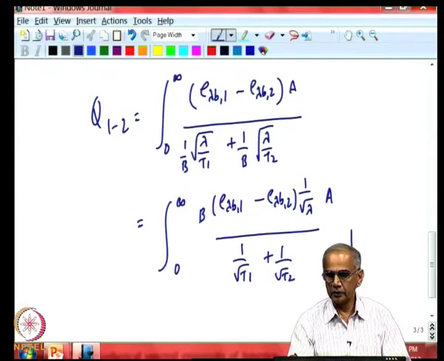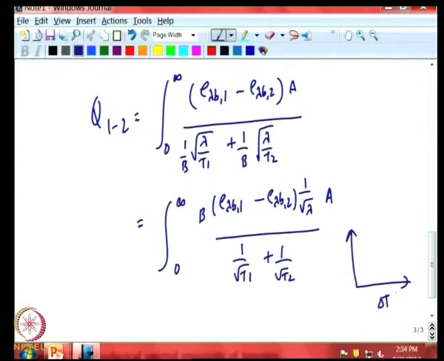In particular we showed that as the temperature difference changes from a very low value to a high value, in this case it was 300 actually, the heat transfer rate, which should be 0 at 0 delta T, went up and then came down, reaching a maximum around 150 K.